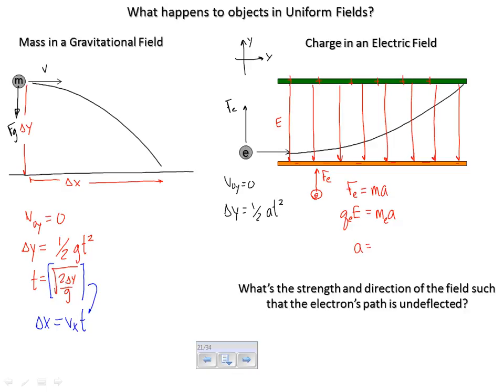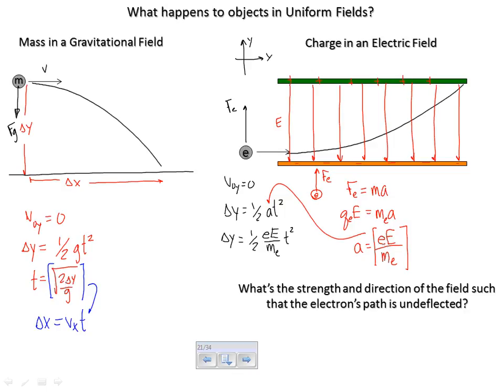Or again, a equals, I'll rewrite qE as just elementary charge, lowercase e, times E over the mass of the electron. So we put this stuff in here, and we can say, okay, delta y is 1/2 e E t squared over the mass of an electron.